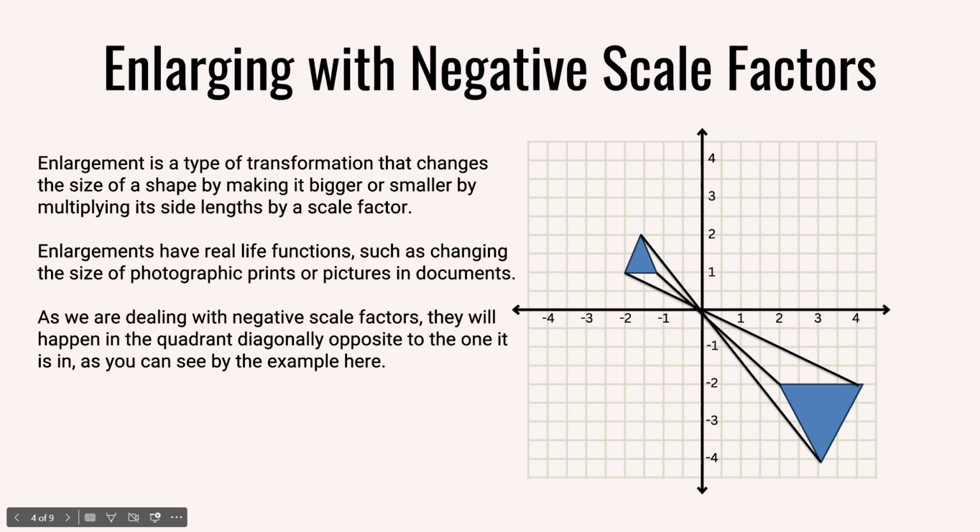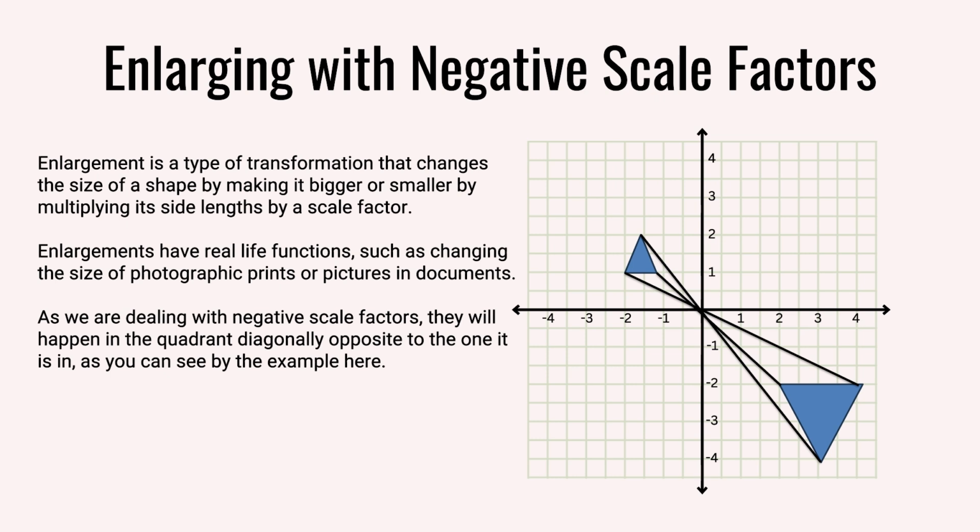As we said before, enlargement is a type of transformation that changes the size of a shape by making it bigger or smaller by multiplying its side lengths by a scale factor. Enlargements have real-life functions, such as changing the size of photographic prints or pictures in documents.